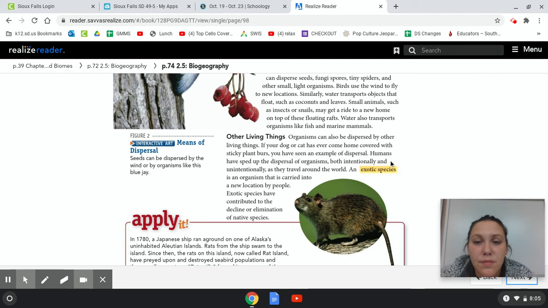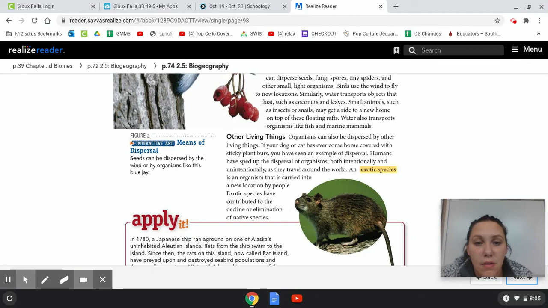An exotic species is an organism that is carried into a new location by people. So, people also have a huge impact on dispersal. Exotic species have contributed to the decline or elimination of native species.